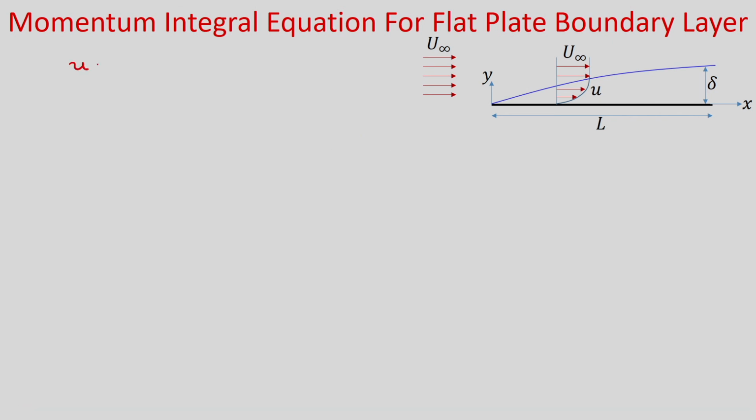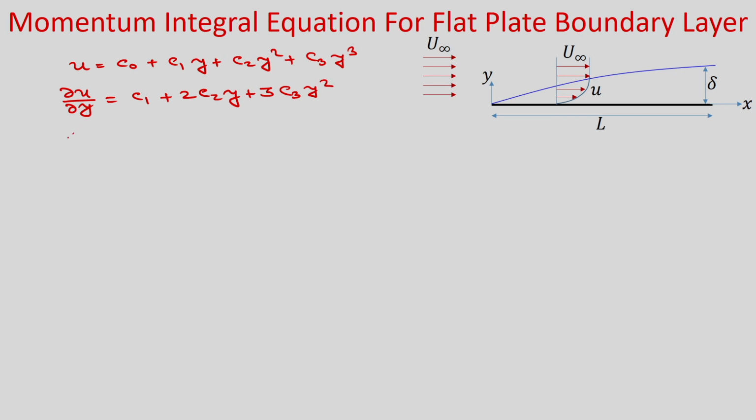So, we have u is equal to c_0 plus c_1 y plus c_2 y square plus c_3 y cube. So, we can write del u by del y is equal to c_1 plus twice c_2 y plus 3 c_3 y square, and del 2 u by del y square we can write as twice c_2 plus 6 c_3 y.